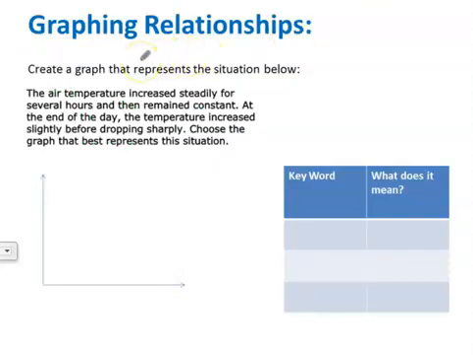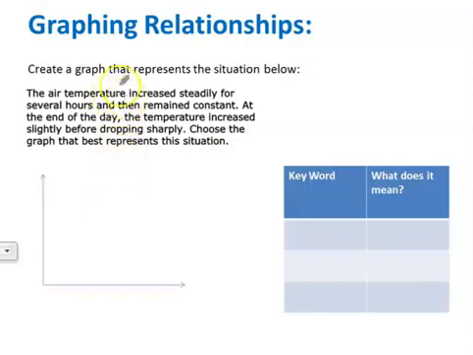So we can graph relationships. Sometimes it is introduced as a situation where we're given a situation, just like on this slide, and we can take a situation and graph it by looking at the relationship between two different factors.